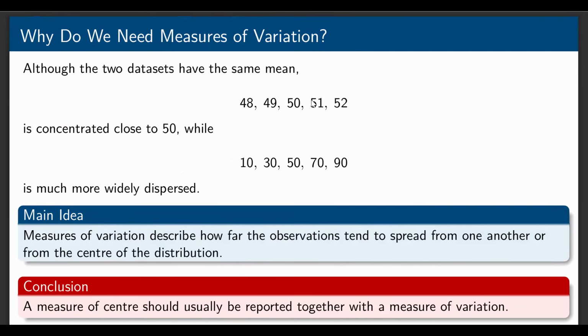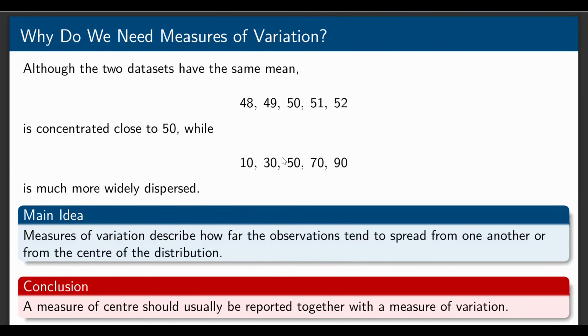For the first data set, apart from 50, the other numbers are 49, 48, which are close to 50, and 51, 52, also close to 50. But for this second data set, apart from 50, we have 10 and 30. 10 is quite far from 50. Again, 90 is quite far from 50.